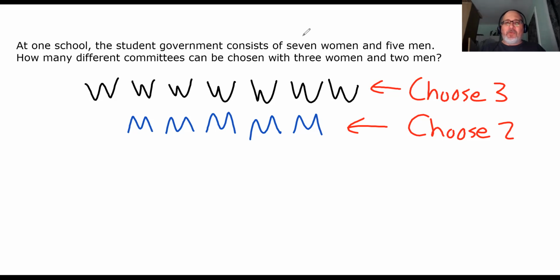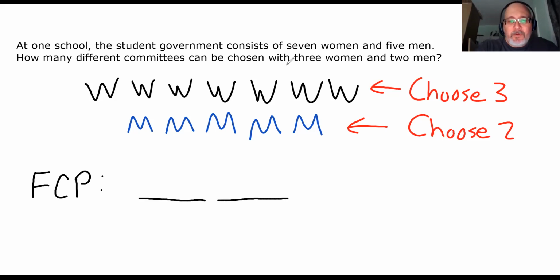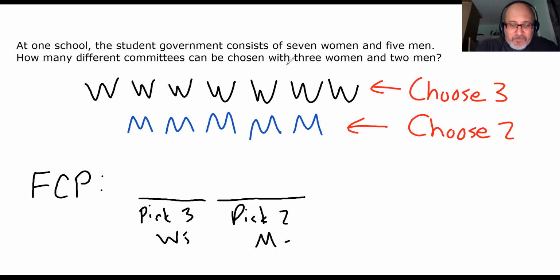Well, if you think about it, we have to make 2 decisions. We have to pick 3 women. We have to pick 2 men. So from a fundamental counting principle, which I'll abbreviate FCP, we have 2 decisions to make. We have to pick 3 W's, and we have to pick 2 M's.